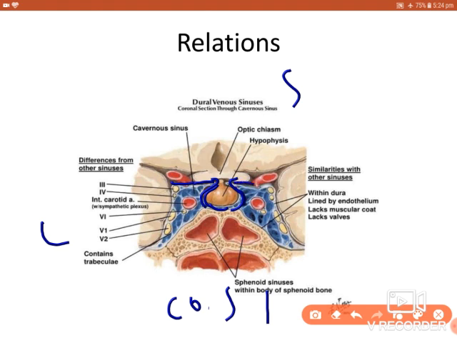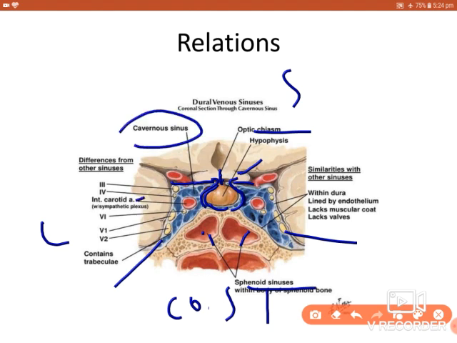This forms the roof of the pituitary, and there is an aperture for the stalk which connects to the base of the brain. Superiorly, the relation is the optic chiasma. Inferior relation is the sphenoid sinus. Laterally, there is the venous channel, the cavernous sinus.